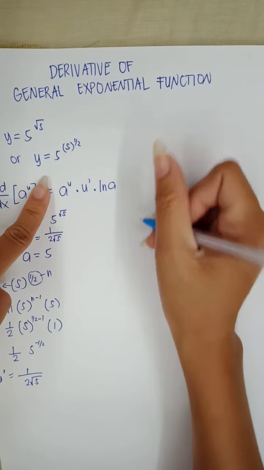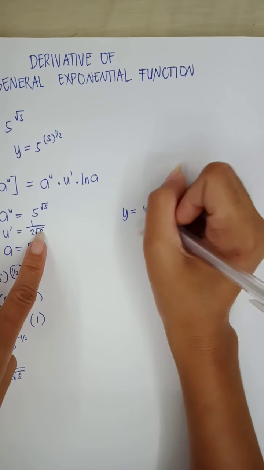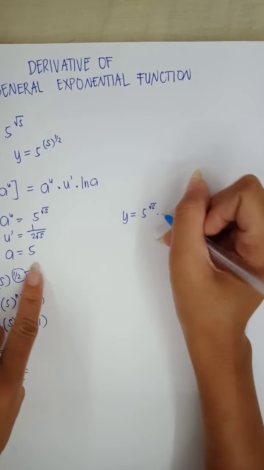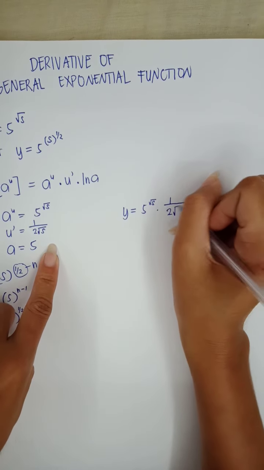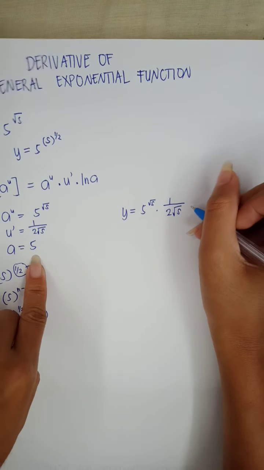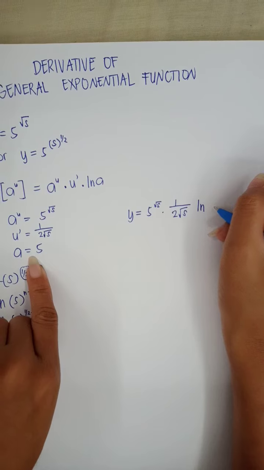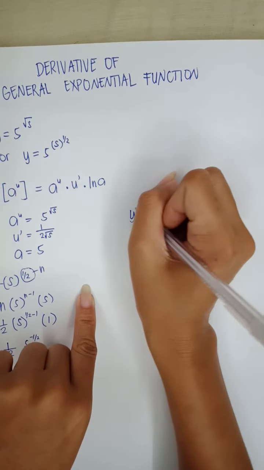So simply y prime is equal to our a to the u, or the 5 to the square root of s, times our u prime, 1 over 2 square root of s, and our ln a, which is ln 5.